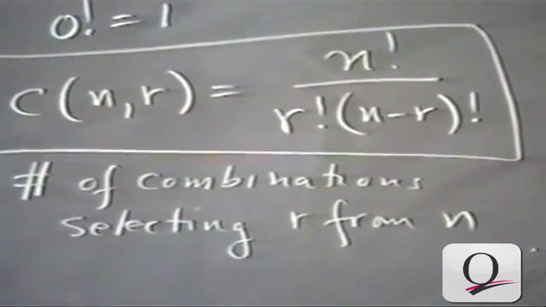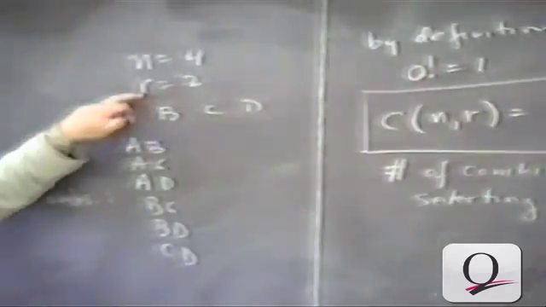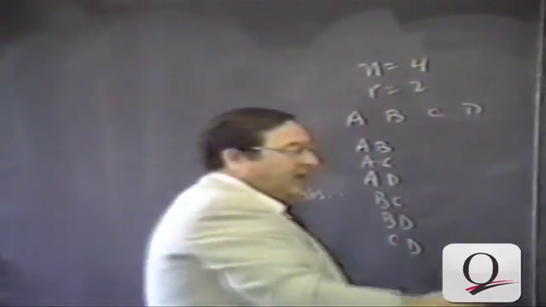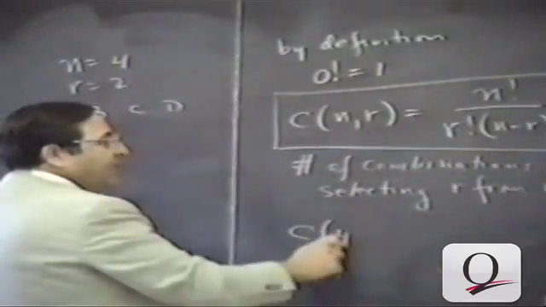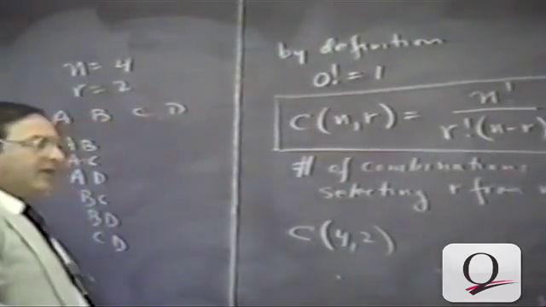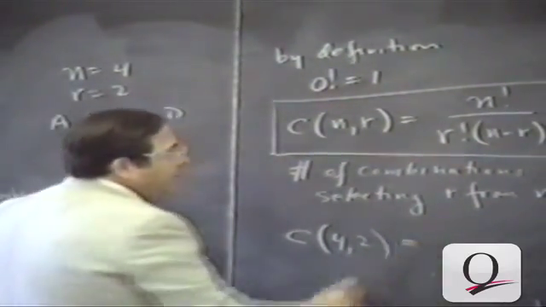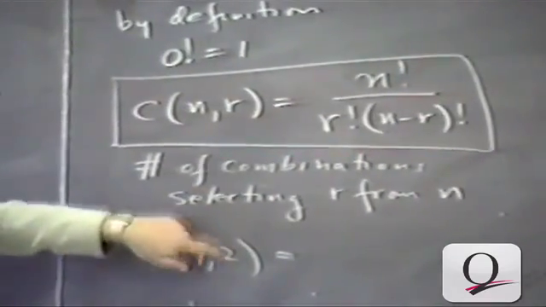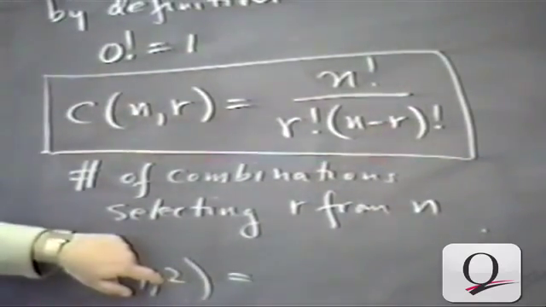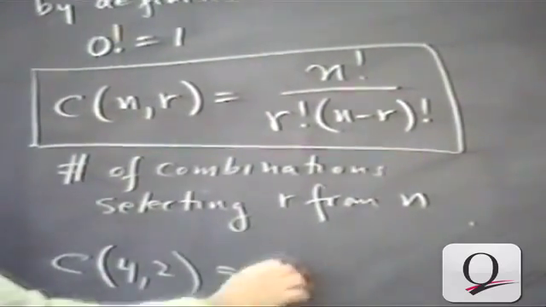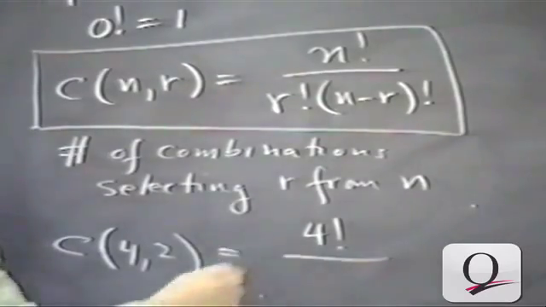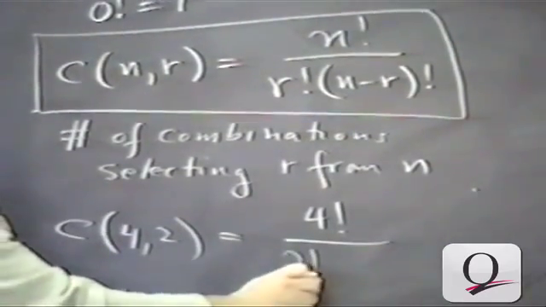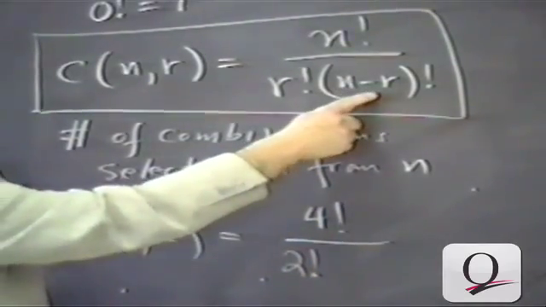Let's take the one we did over here, which was n equal 4 and r equal 2, and see if we get the number 6. We have C(4, 2). So n is 4 and r is 2. So on top goes n factorial, that's 4 factorial. Then we have r factorial. Since r is 2, this is 2 factorial. And we still have to divide by (n minus r) factorial.